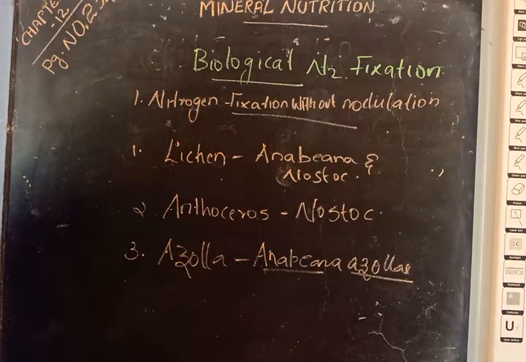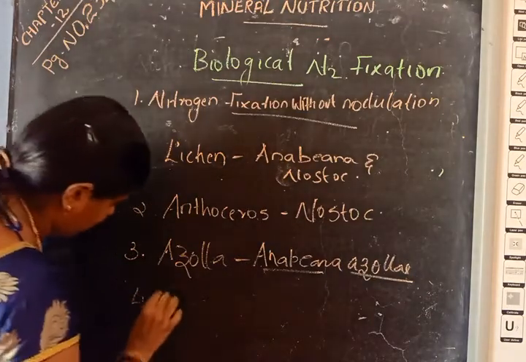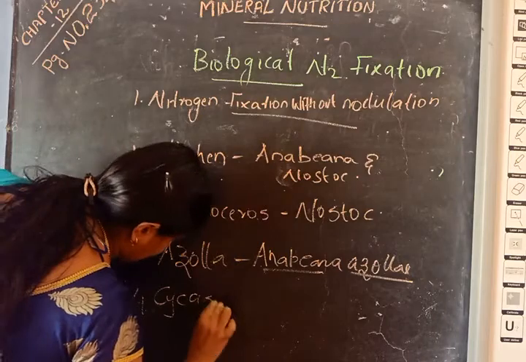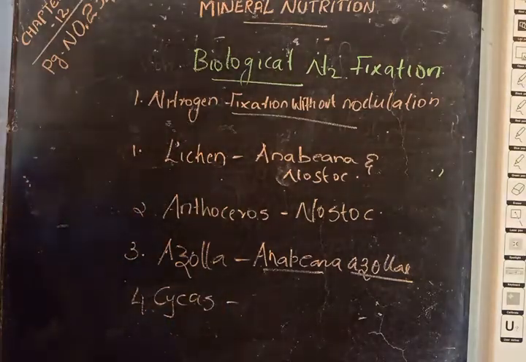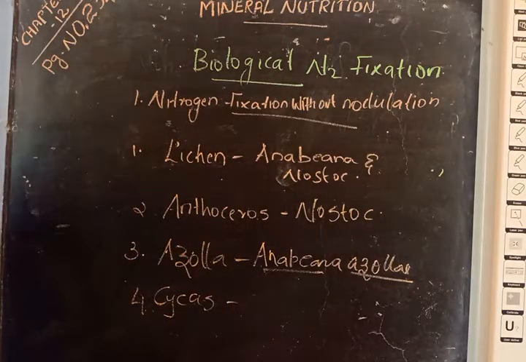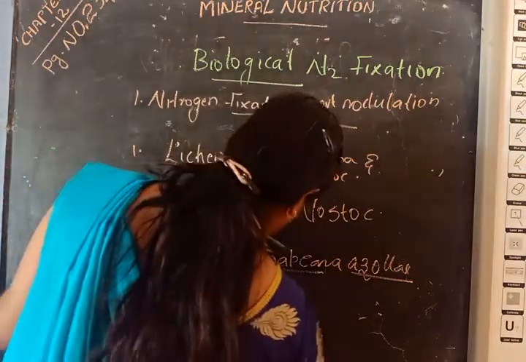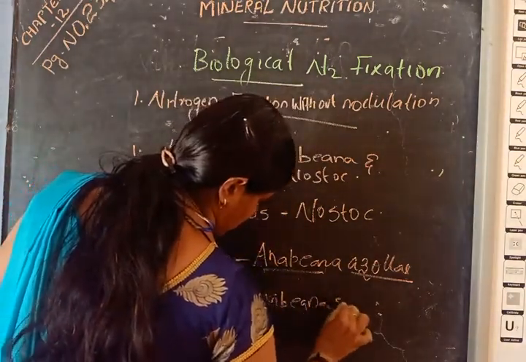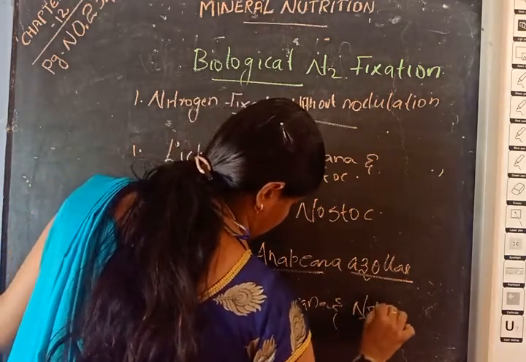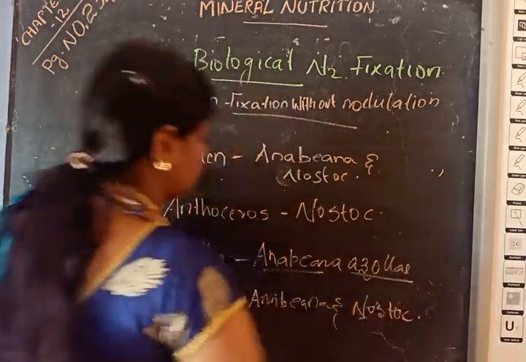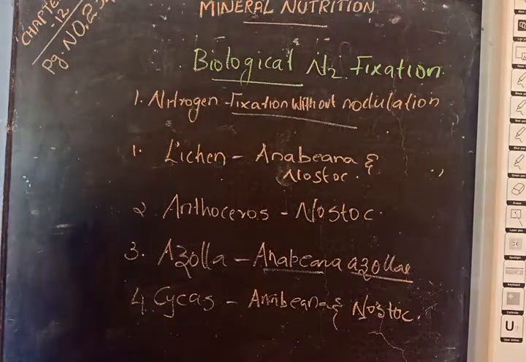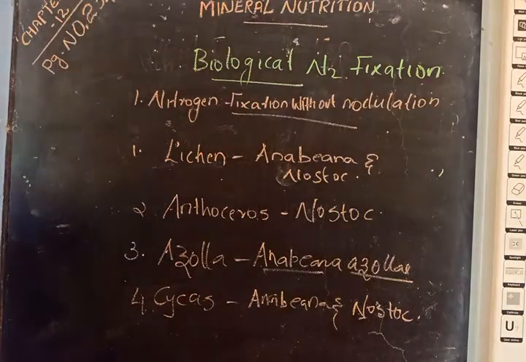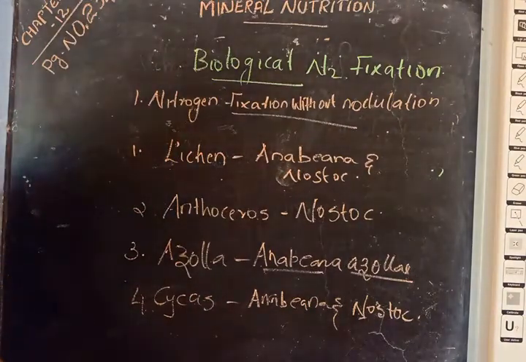Then Cycas, a gymnosperm, has a root called coralloid root. Inside that coralloid root, symbiotic association is occurring with Anabaena and Nostoc. So these are some plants and prokaryotes responsible for the fixation of atmospheric nitrogen.